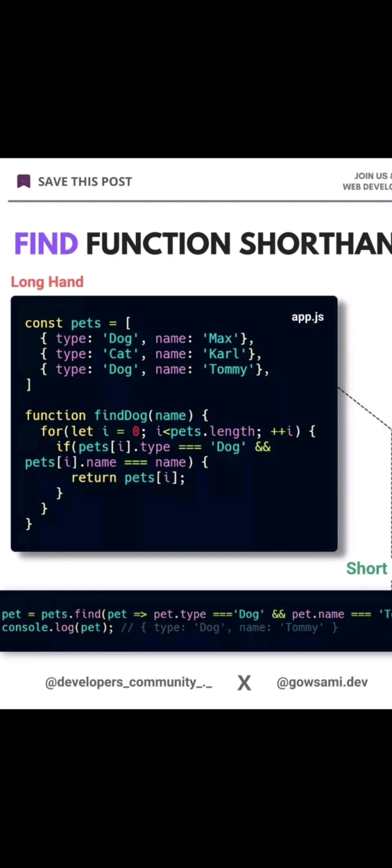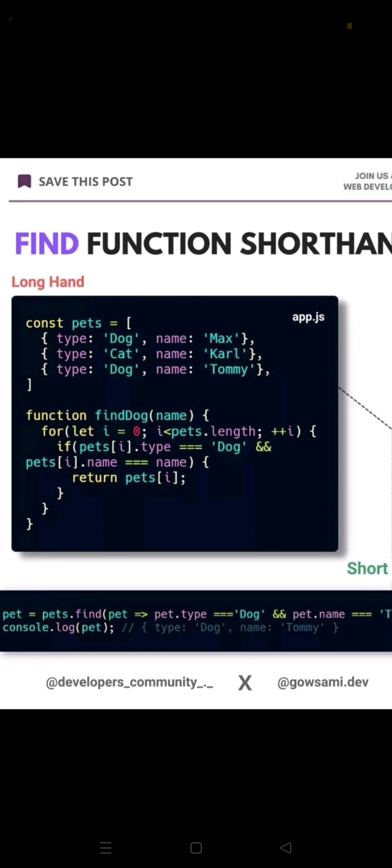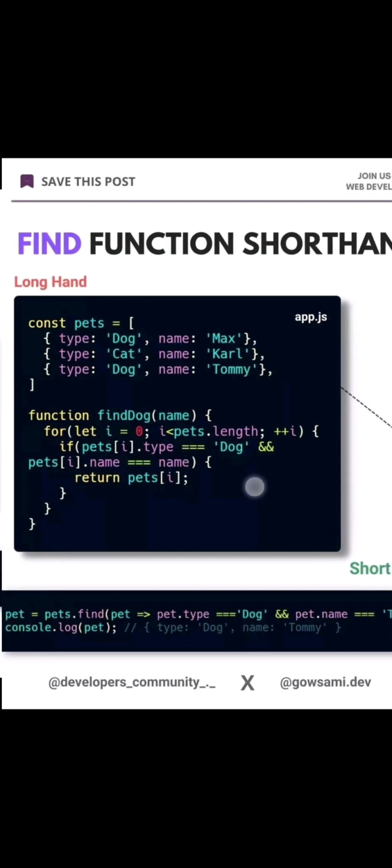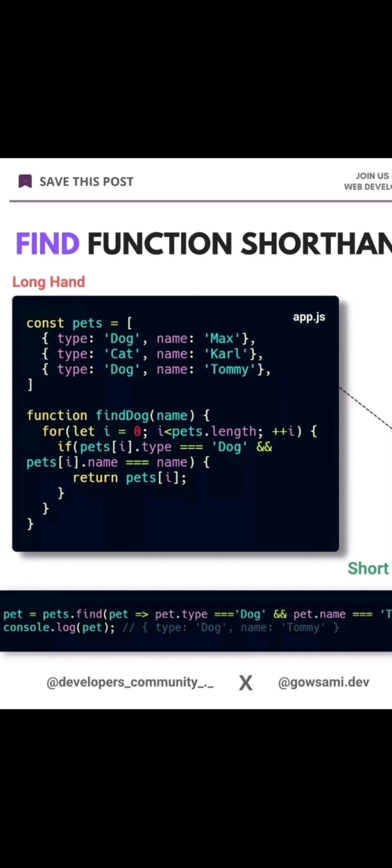It's very simple code, but it takes so many lines. A function is there, we pass the name argument, then iterate the array till the length, then find the pet of i whose type is equal to dog, and another condition is also there: pets[i].name is equal to name.